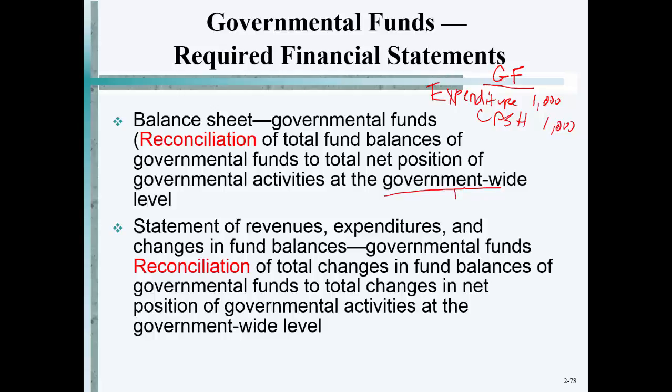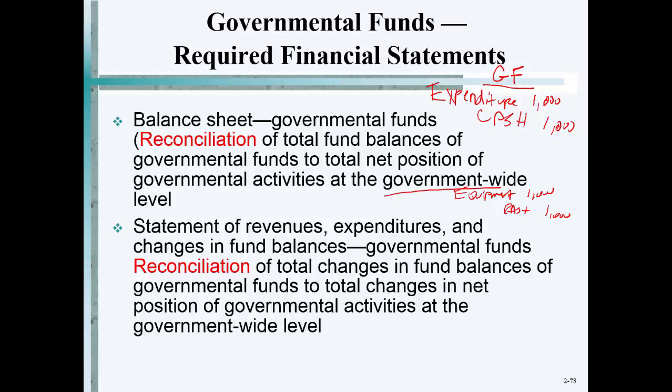Debit equipment for $1,000. Credit cash for $1,000. With me so far? Same transaction being accounted for differently if I'm at the government-wide level versus at the fund level, right?